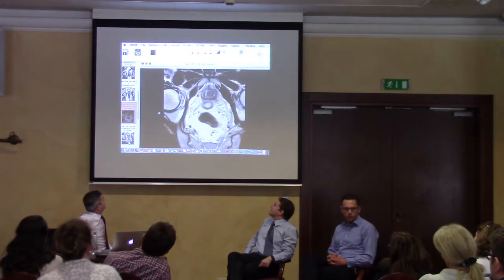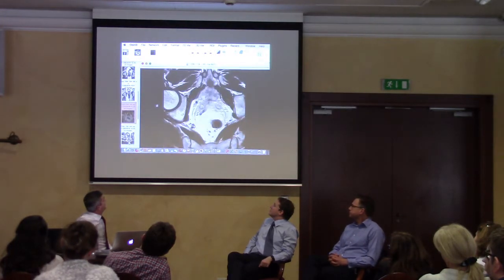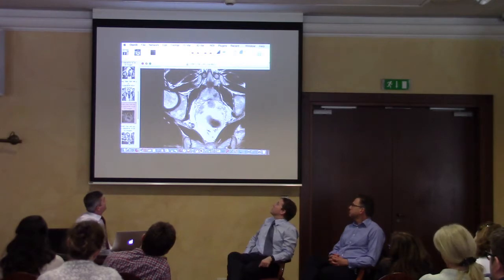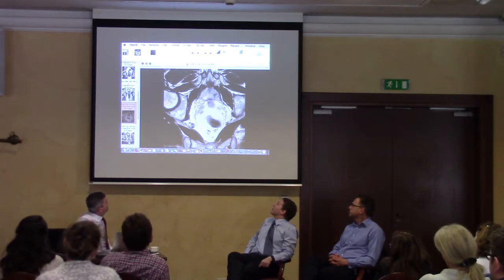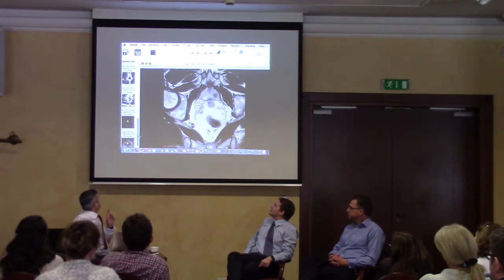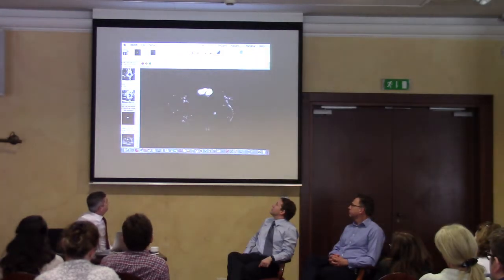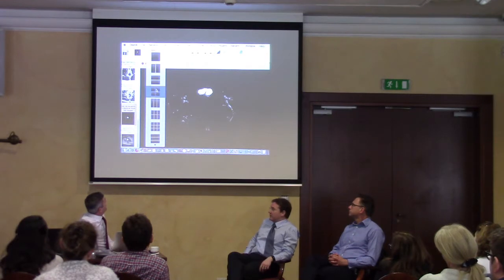axial images, this patient has got a prostate carcinoma. Now, just a word of caution here for those of you who do your prostate imaging as well.